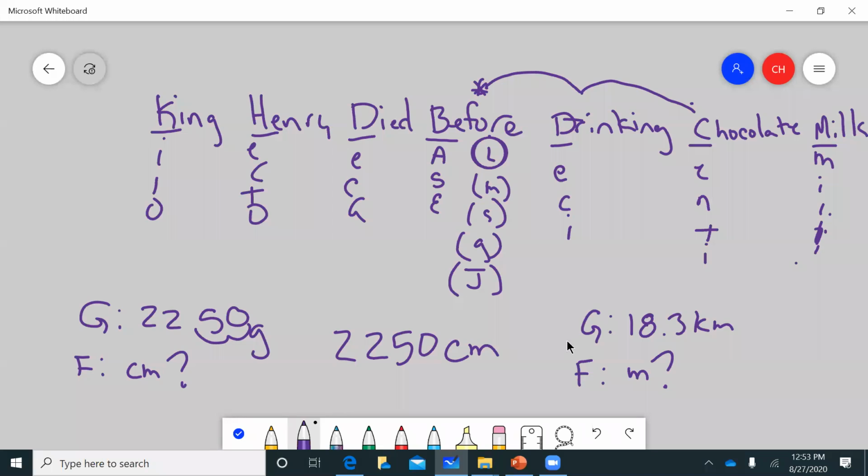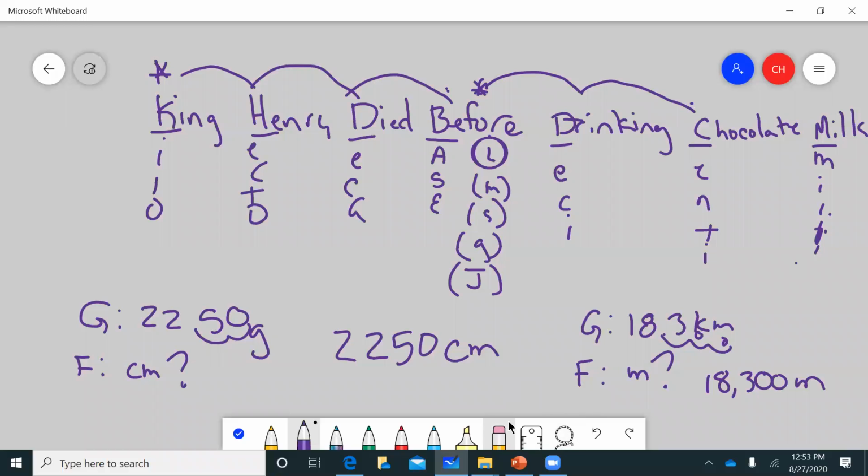So you start with your given, where over here at King, we want to go to M, which is here, our base unit. So we have to hop 1, 2, 3 hops. I take my decimal and I hop in the same direction that you're hopping up on the diagram. 1, 2, 3. Fill in with zeros, we get 18,300 meters.